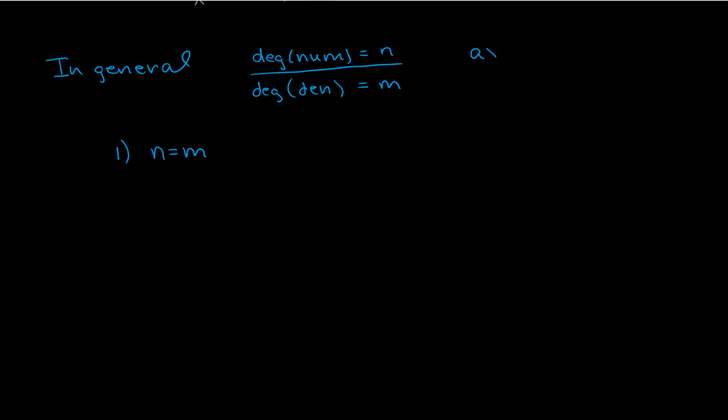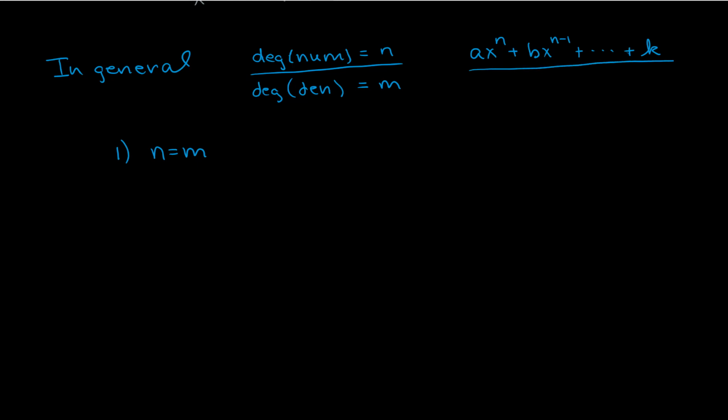Let's say we have ax to the n plus bx to the n minus 1 plus, and this continues all the way down to something or other. Okay, let's say k over.